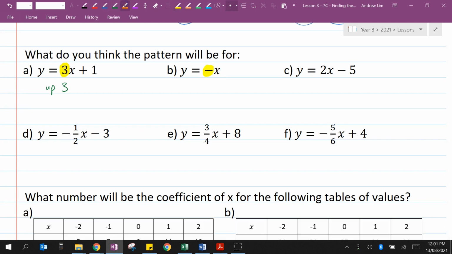There's an imaginary 1 here, negative 1x. So the pattern should be going down by 1 because it's negative. Why don't you pause the video and have a go with C, D, E, and F by yourself and see if you can tell me what the pattern will be for each of these questions.